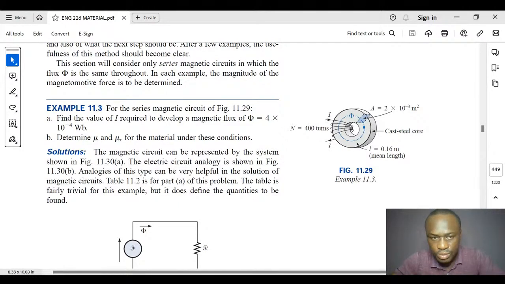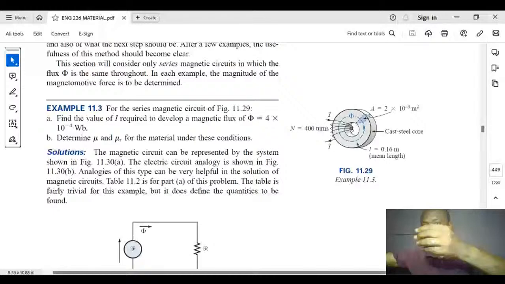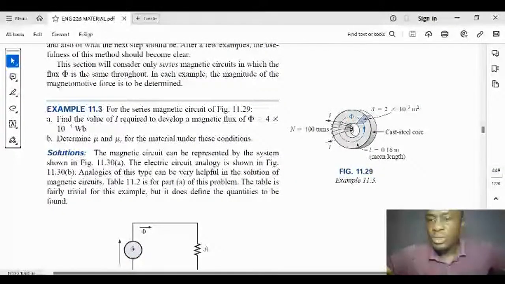Is it better now? Watch it. Expand it now.